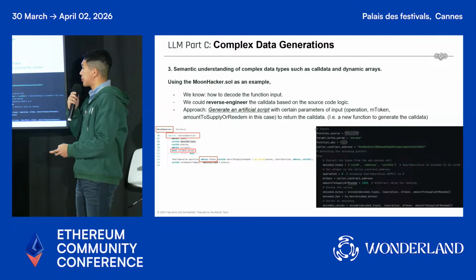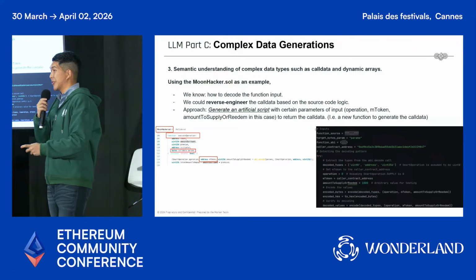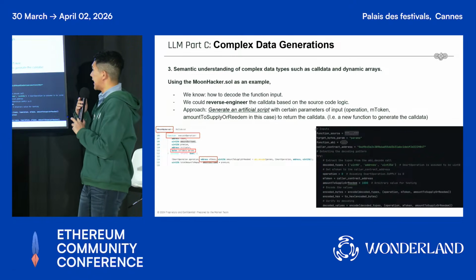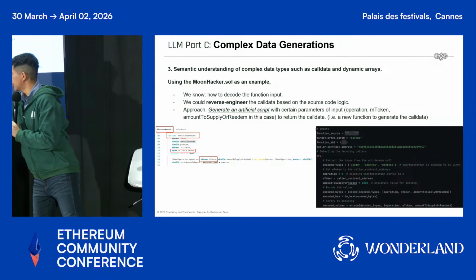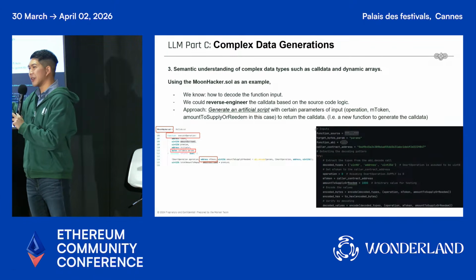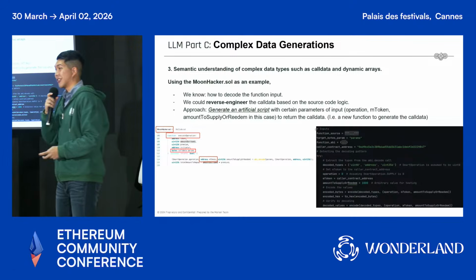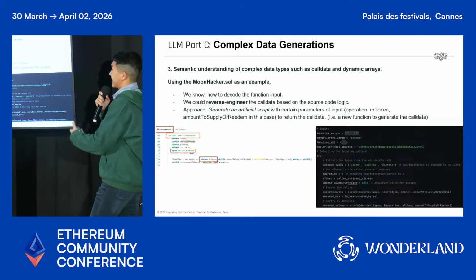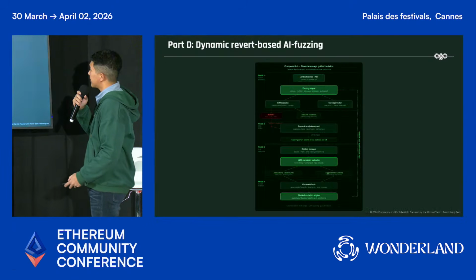But the major blockage here is that the calldata is just difficult to construct to actually exploit. So we can ask the LLM to reverse engineer that, because they understand this logic of decoding. That means maybe we can do some encoding to reverse engineer the calldata, to generate some potential searching opportunity. So this is another thing.